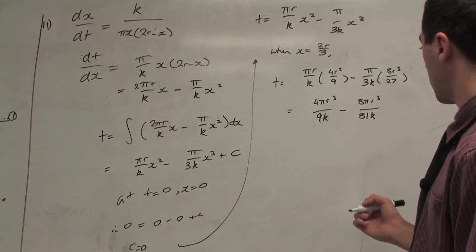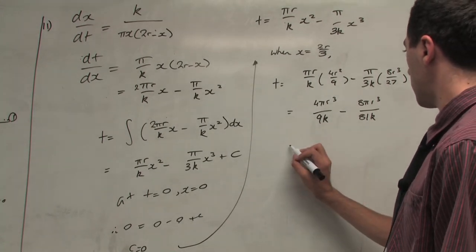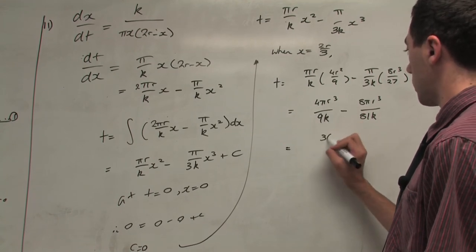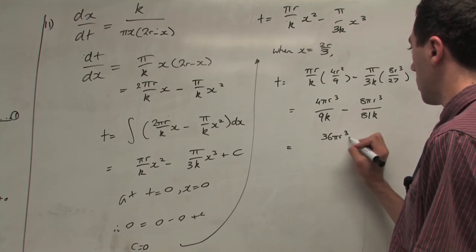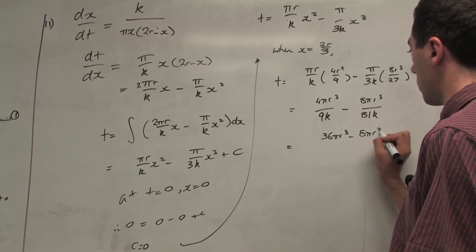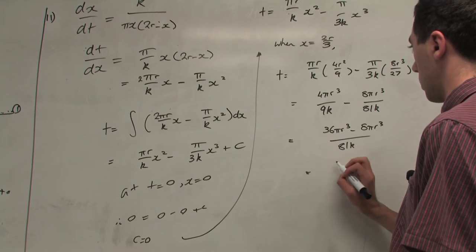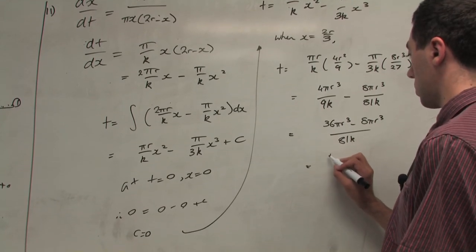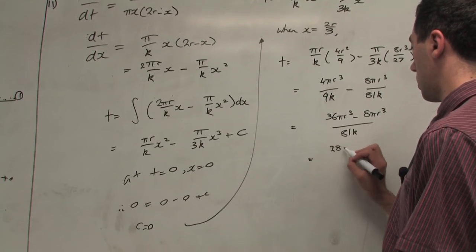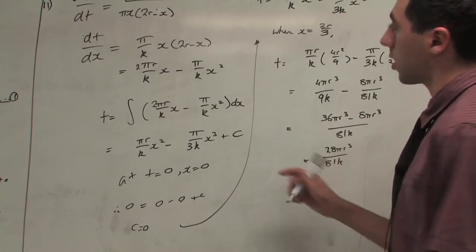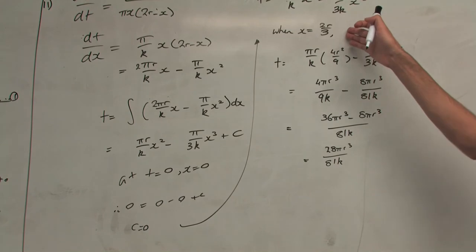And then we can make that easier to read by multiplying the first term by 9, so we'll get 36 pi r cubed minus 8 pi r cubed, all over 81k, which will give us 28 pi r cubed over 81k. So that's the time taken to fill it up to 2r over 3.